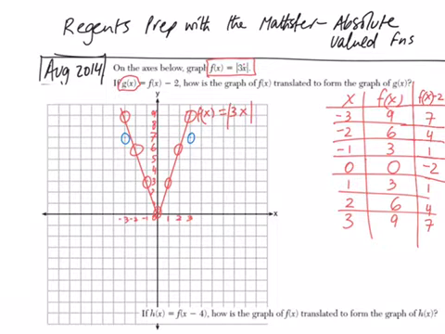At -2 I have 4, which is over here. At 2 I have 4. At -1 it's 1, and at 1 it's 1, and then at 0 it's -2. So let's put that. So this is all g(x), this part. I'll shade it in blue so that you have an idea where we are.